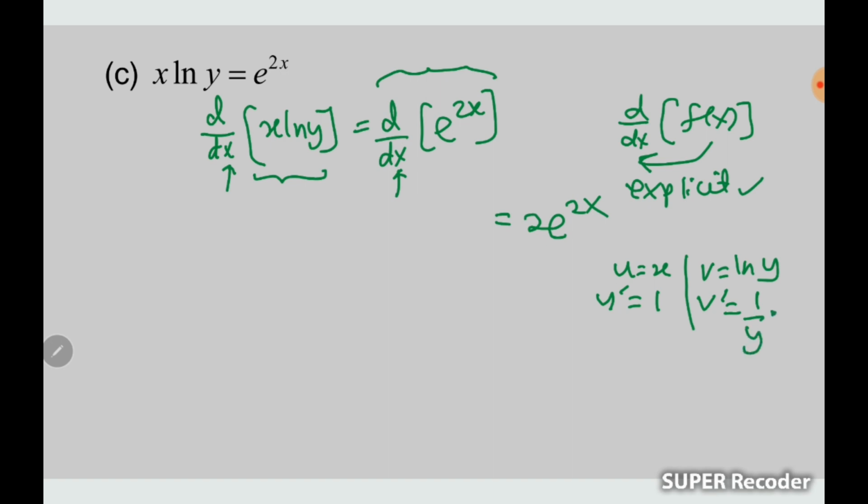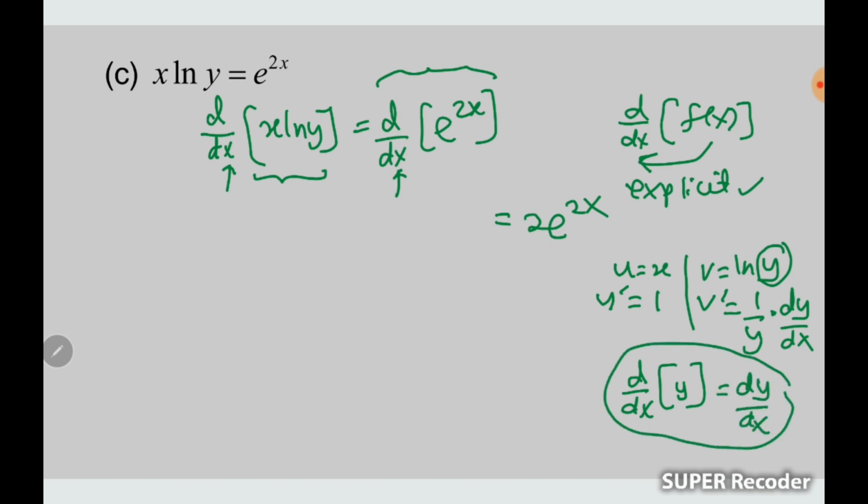We haven't finished yet. You have to differentiate y, and the derivative of y is dy/dx. So please memorize that every time you differentiate y with respect to x, the answer is dy/dx.